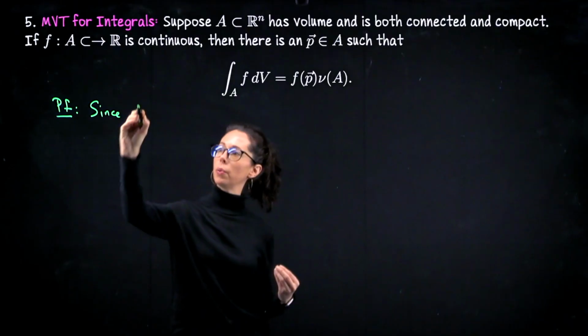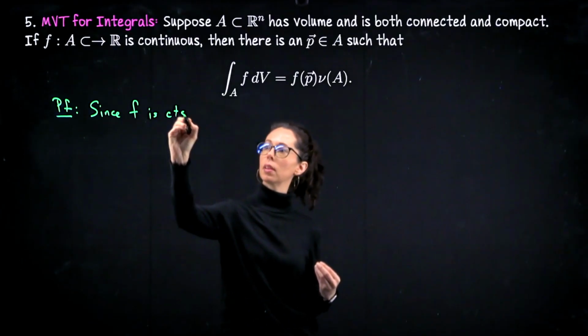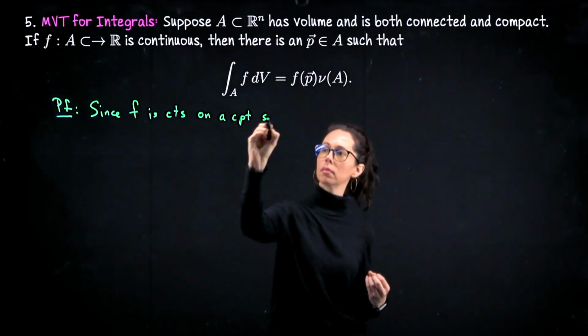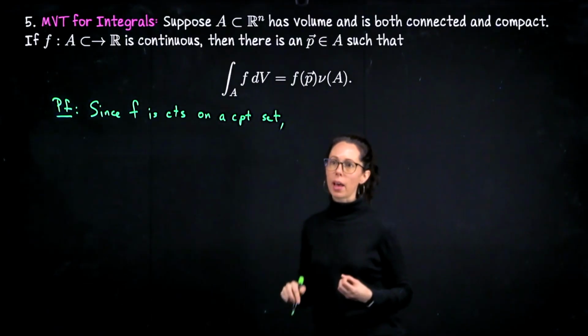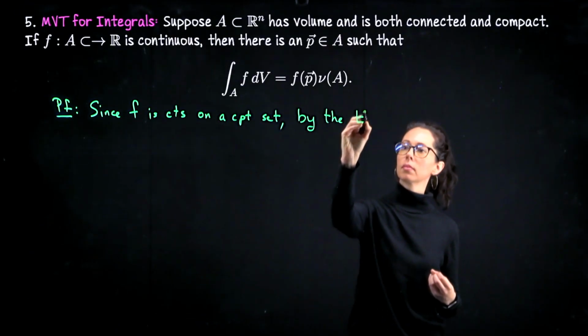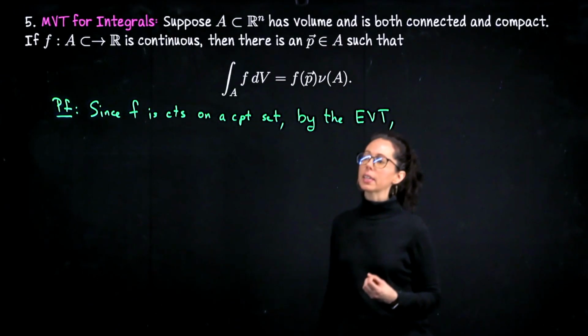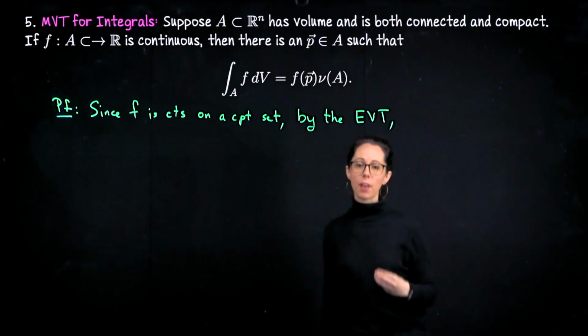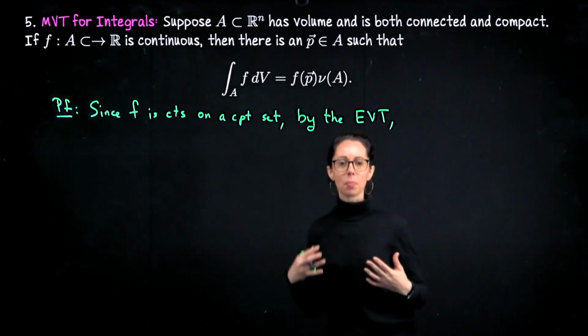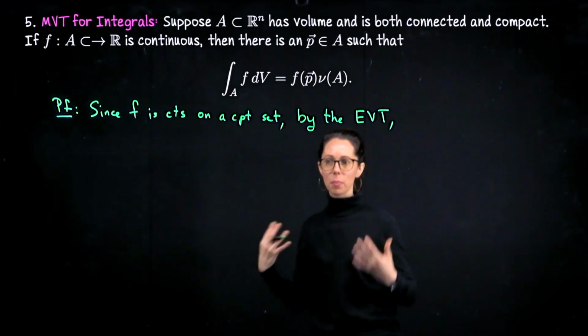Since F is continuous on a compact set, by the extreme value theorem, which I would call EVT, there exists a minimum value for the set of outputs that F takes on A, and it's a minimum, so it's attained. It's not just an infimum, it's actually attained.